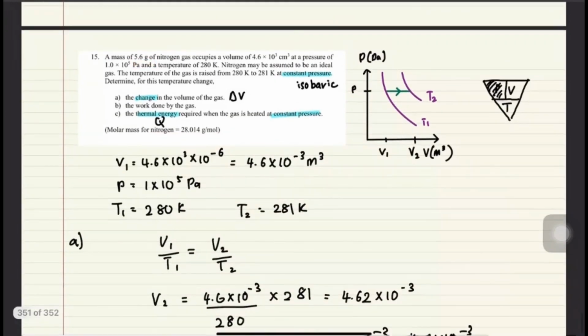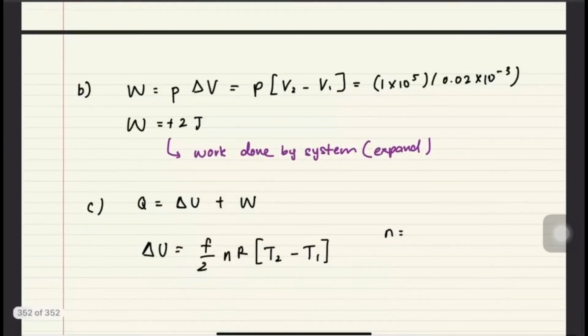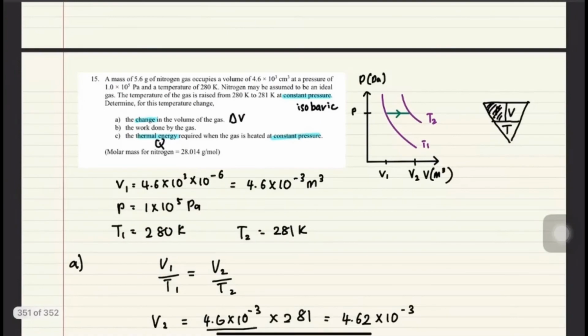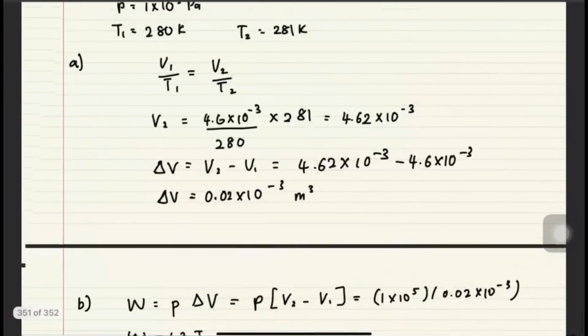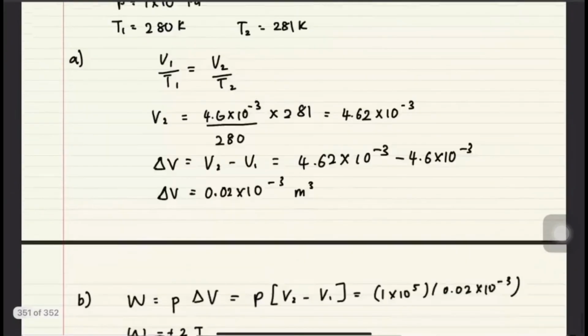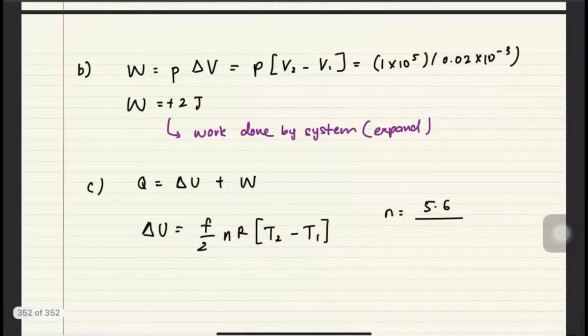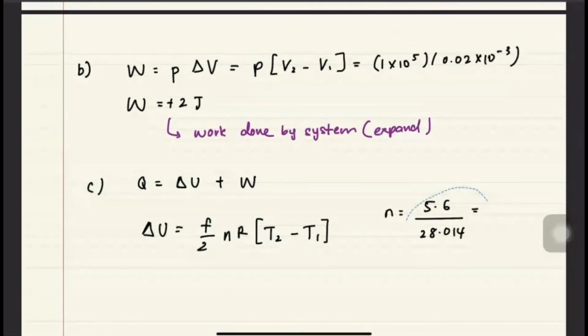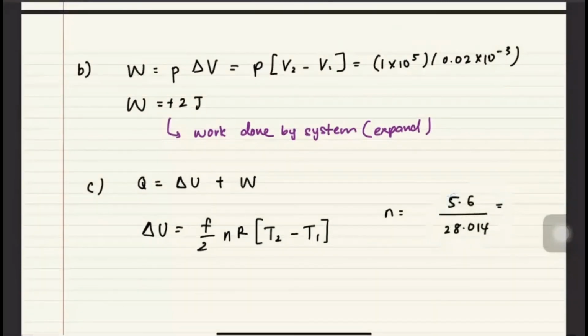Kalau satu tu kilogram, you have to change lah. 5.6 divided by 28.01. Betul, 28.01. Zero point two. Okay. That's 0.2.